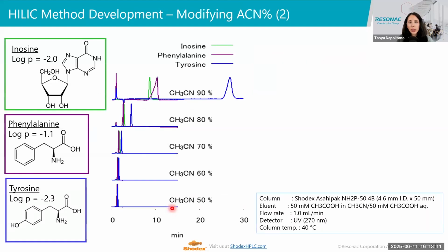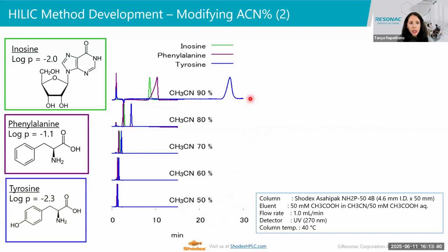So here we're taking a closer look at how adjusting the acetonitrile percentage affects HILIC retention. We have 3 compounds with varying polarity: inosine, phenylalanine, and tyrosine. All 3 of them have negative log P values, meaning they're fairly hydrophilic and ideal candidates for HILIC separation. What you're seeing in the chromatograms is the effect of increasing the acetonitrile content from 50% up to 90%.